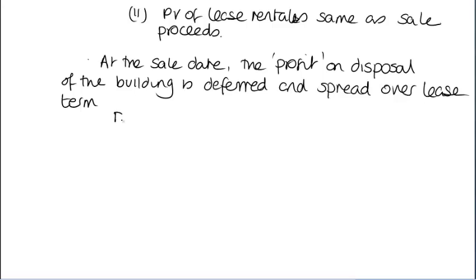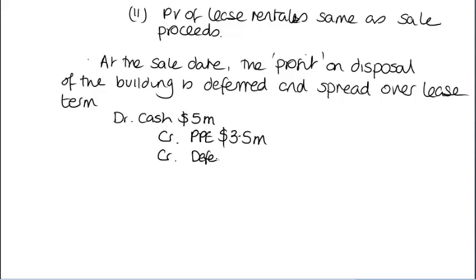So what I'm going to do here is I'm going to debit cash 5 million, credit PPE 3.5 million, and credit deferred income 1.5 million.